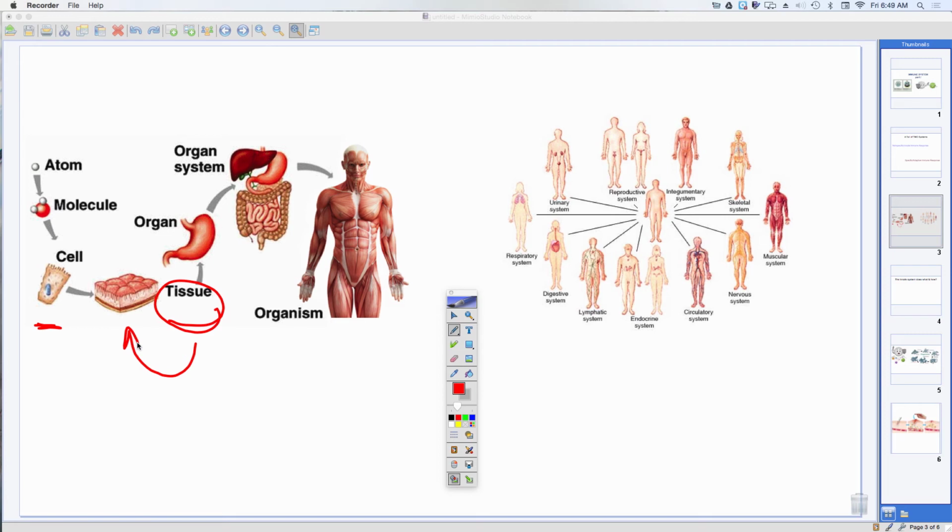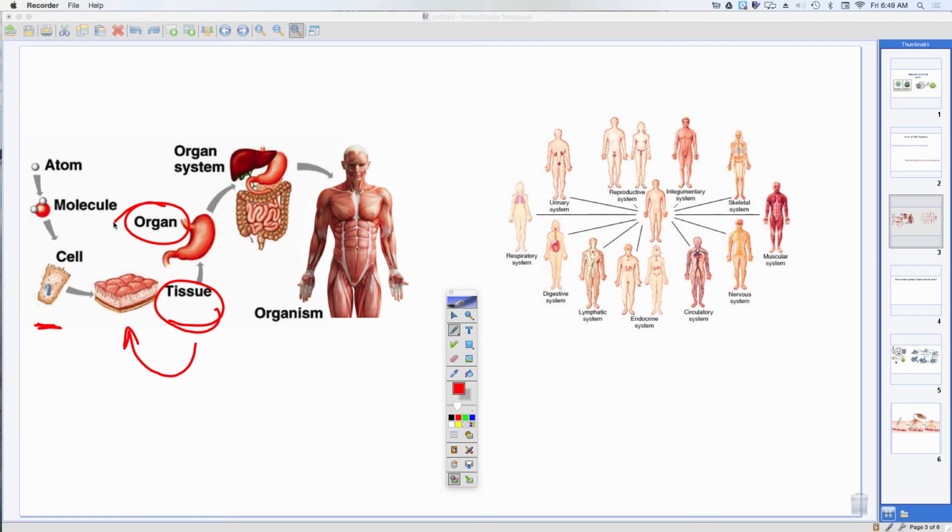You have skeletal muscle tissue, that's the muscle tissue that makes up muscles that move your bones. And when we have groups of different types of tissues working together to have a common function, we call those things organs. When we think about what an organ is, it has some key function to the organism.